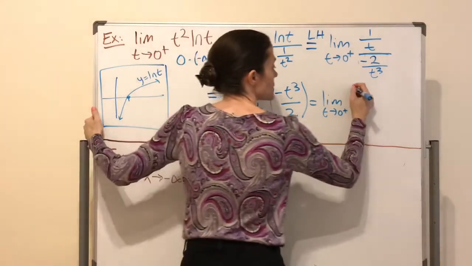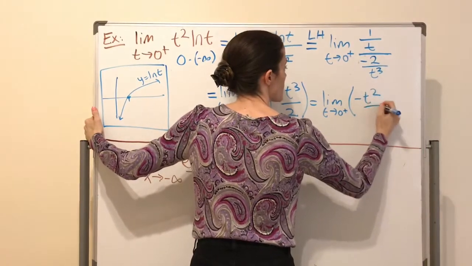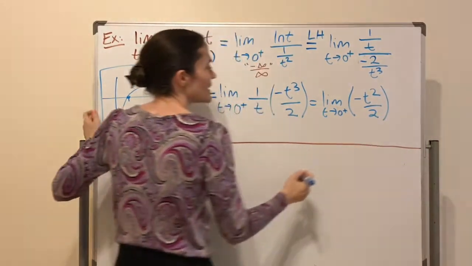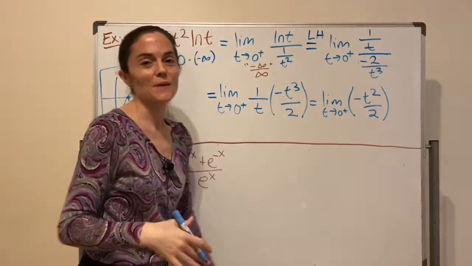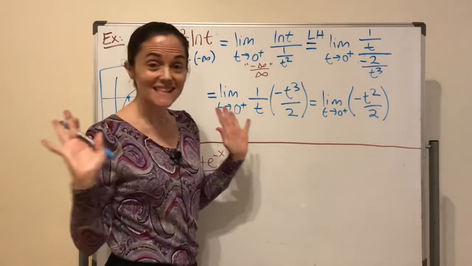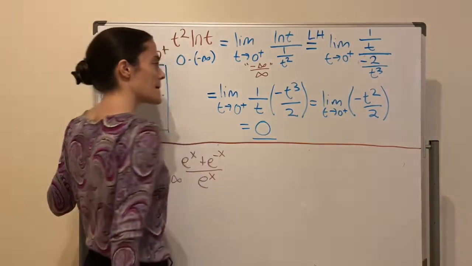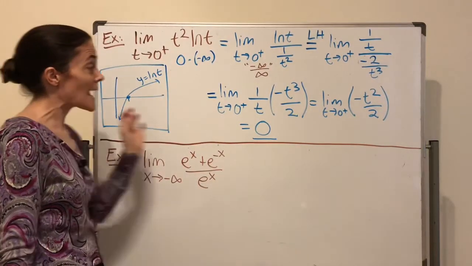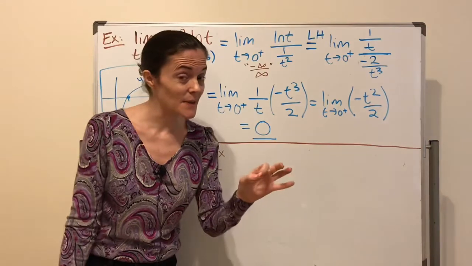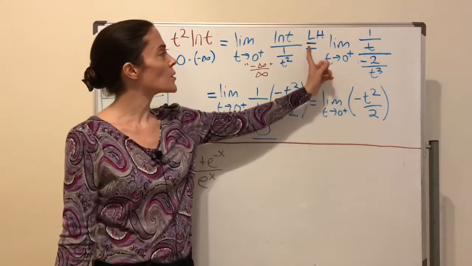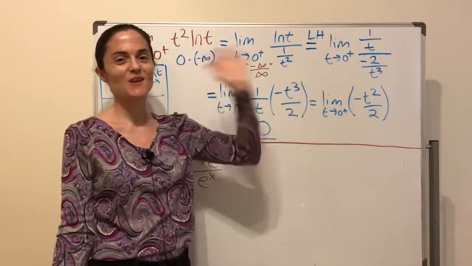We get minus t squared over 2. When we evaluate this limit, we get, well, minus 0 over 2, which is just 0. Okay? So you notice I had several steps to calculate this limit. Most of it was algebra, but only this step here was L'Hopital's rule.